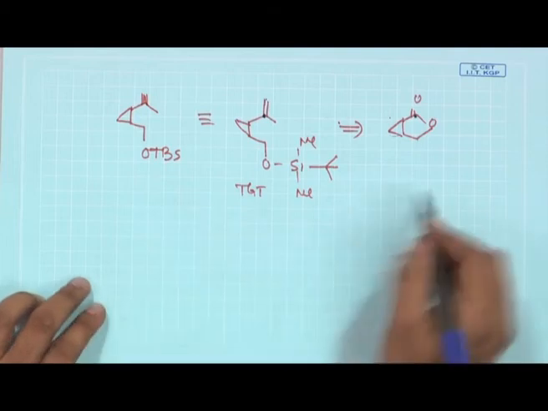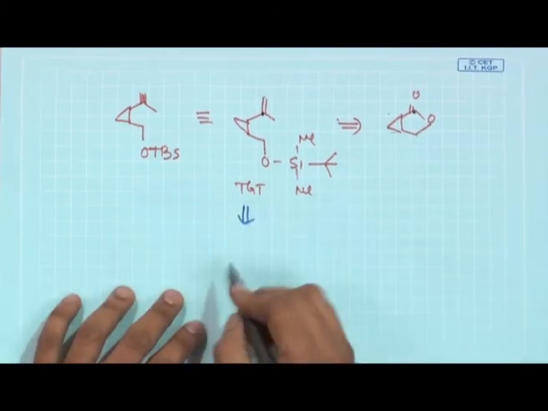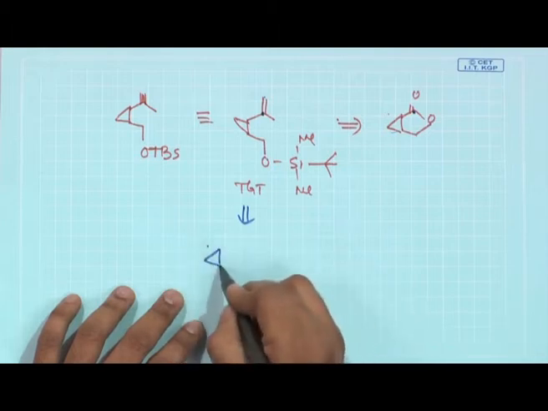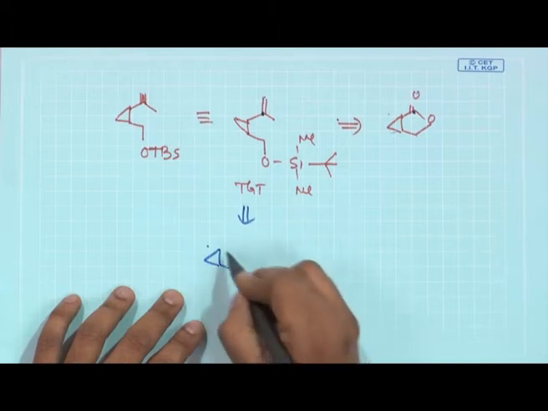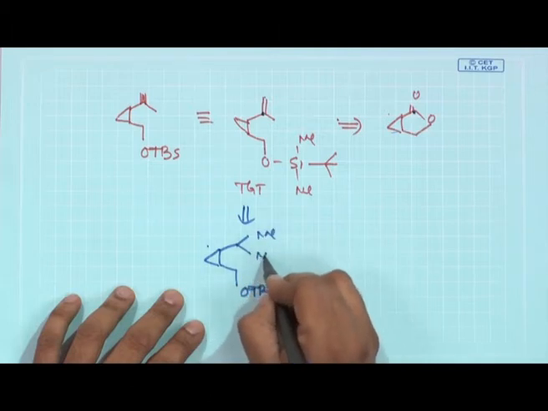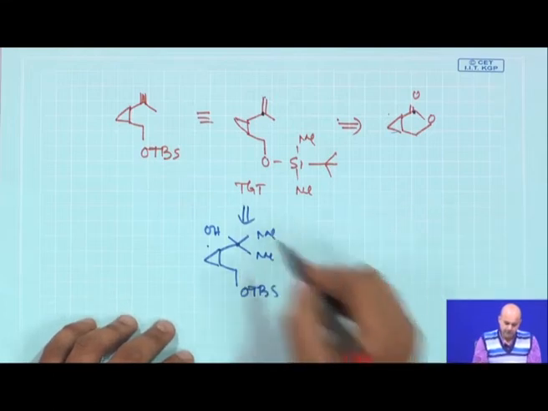So, now if you try to go back the retro pathway, we say that this compound can be prepared starting from this tertiary alcohol, by simply doing an elimination reaction.